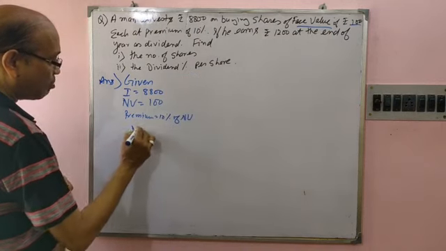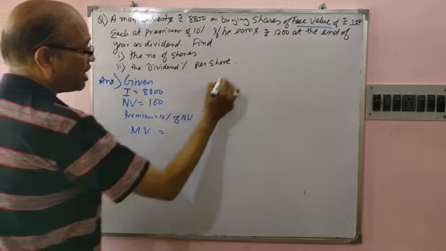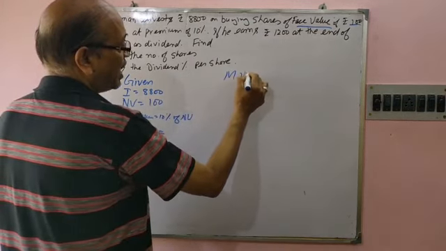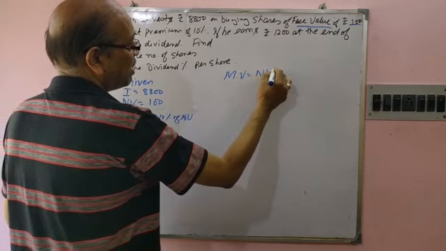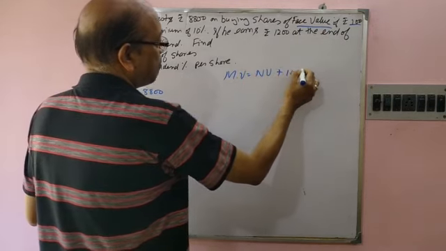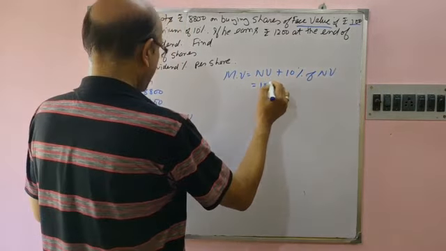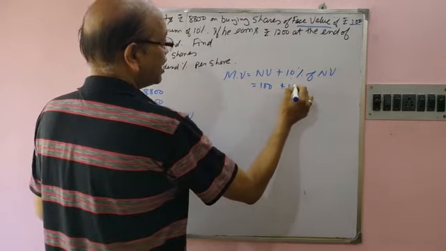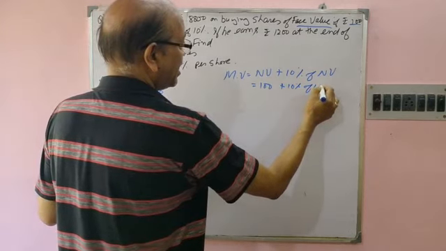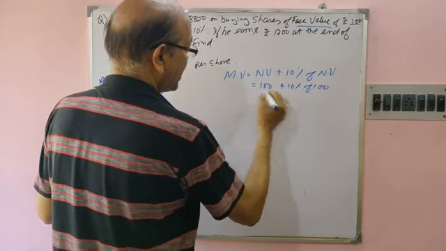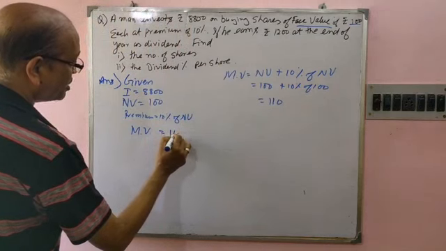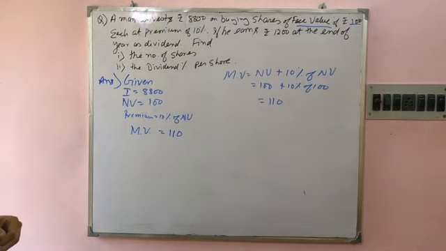So we have to find the market value. Market value is nominal value plus 10% of nominal value, which is 100 plus 10% of 100, which is equal to 110. Therefore, market value is 110.